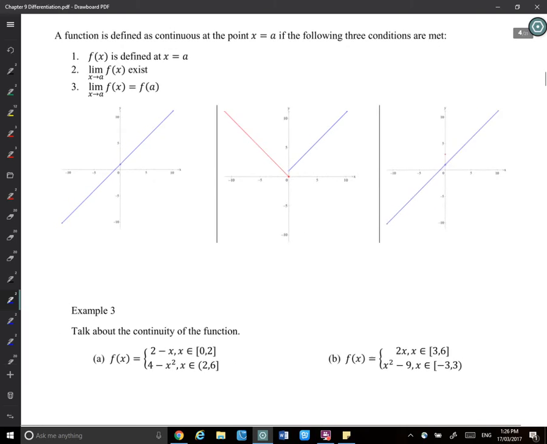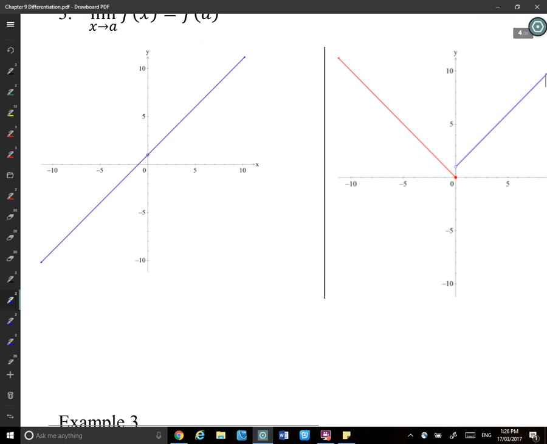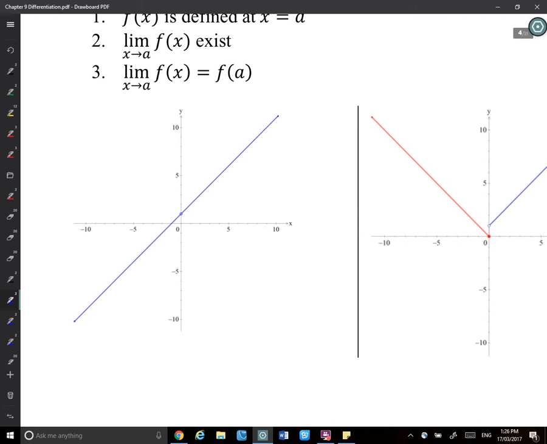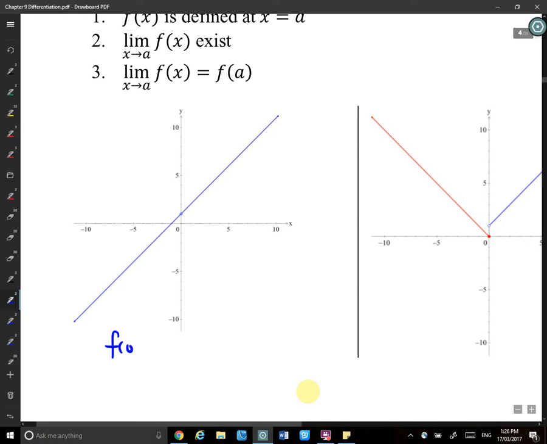Let's see the first one, at x equals 0. You can see there's an open circle, so it's not connected at that point. What you need to write is f(0) is not defined.